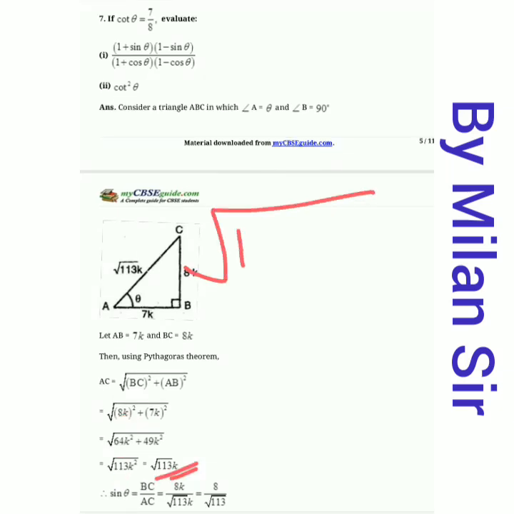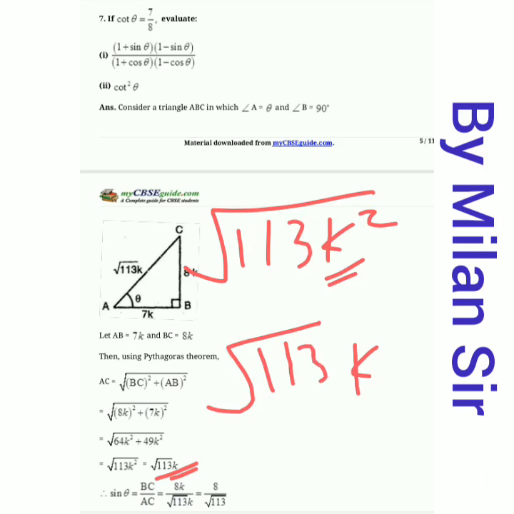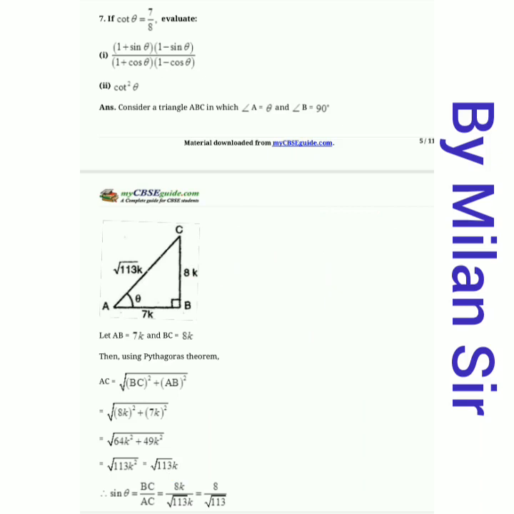Now square root of 113k square. So square root of k square is k, and under root 113 as it is. So under root 113k.